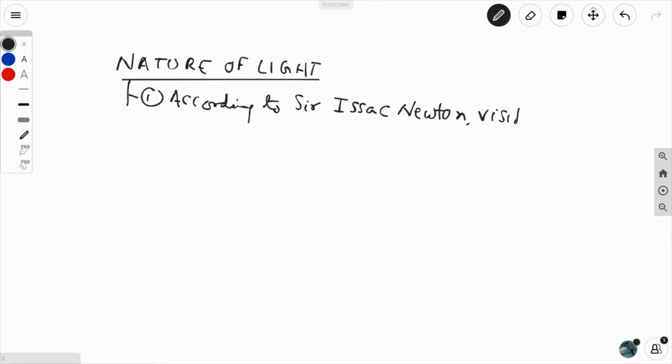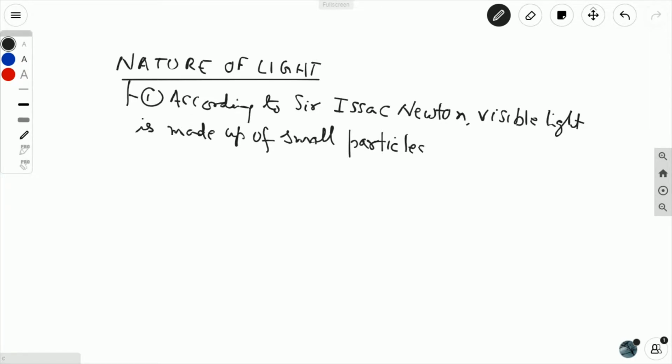Visible light is white light. Visible light is made up of small particles known as corpuscles.